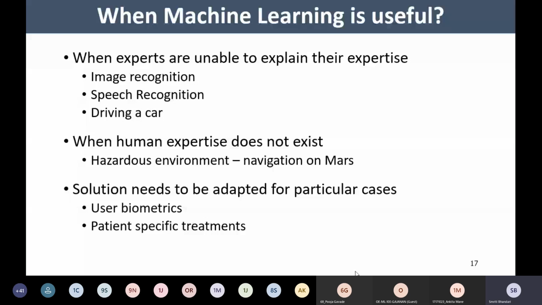Based on the symptoms of that particular patient, sometimes we need a specific treatment. In such situations also we should think of machine learning approaches.